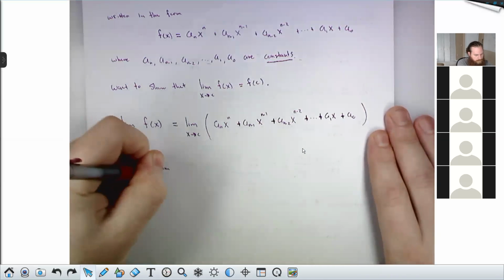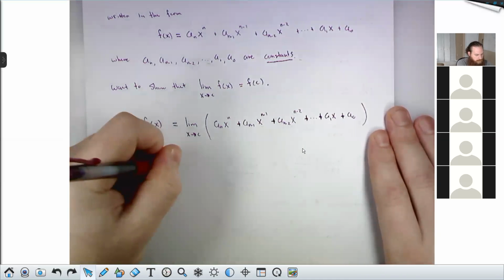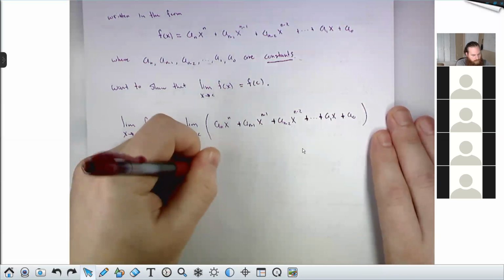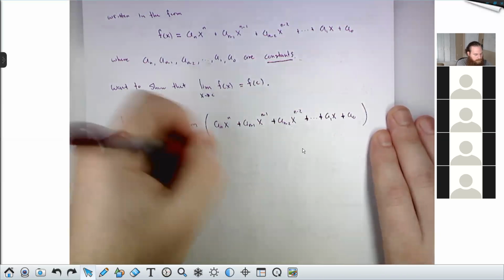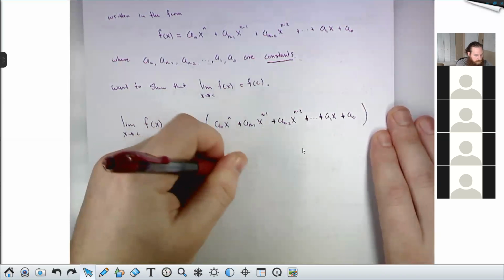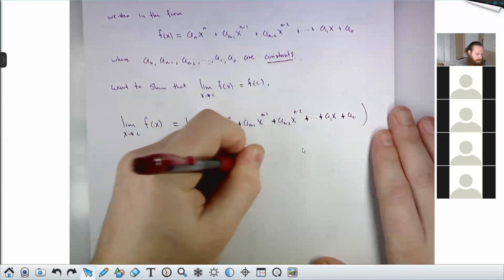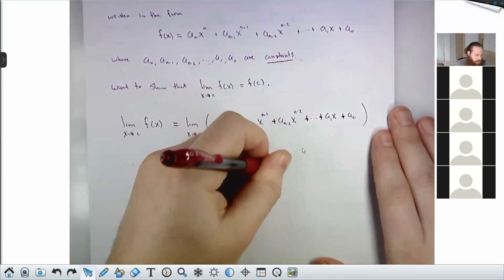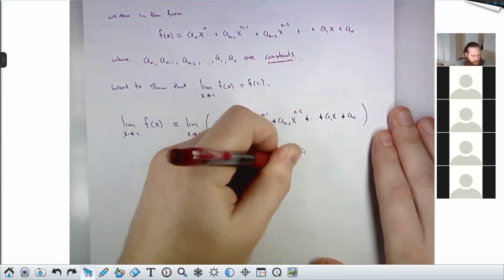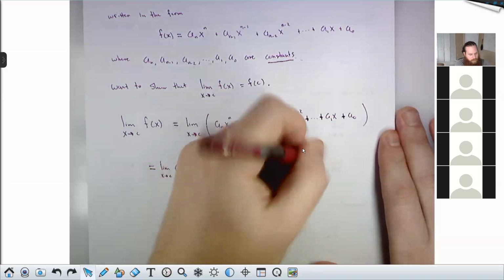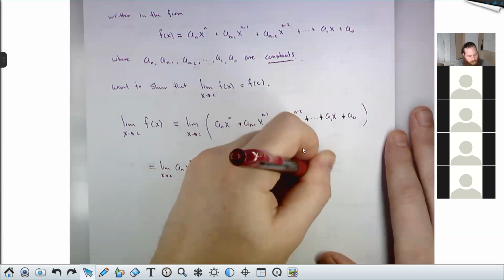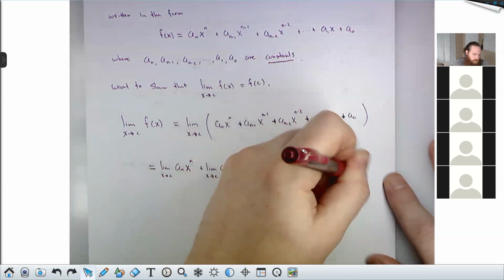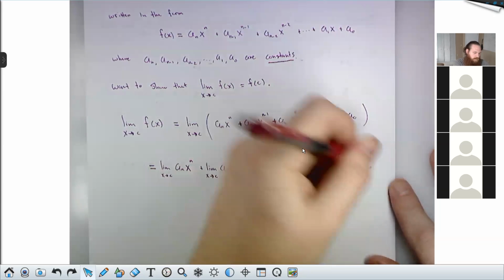It's the limit as x approaches c of that first guy, plus the limit as x approaches c of the second little guy, plus the limit as x approaches c of the third little guy, an minus 2 x to the n minus 2, and so on. I get my last two terms here, limit x to c, a1 x, plus the limit x to c, a0.